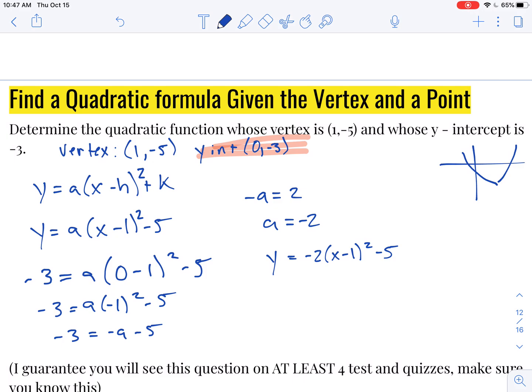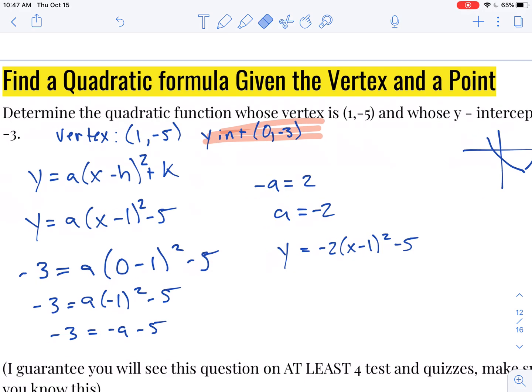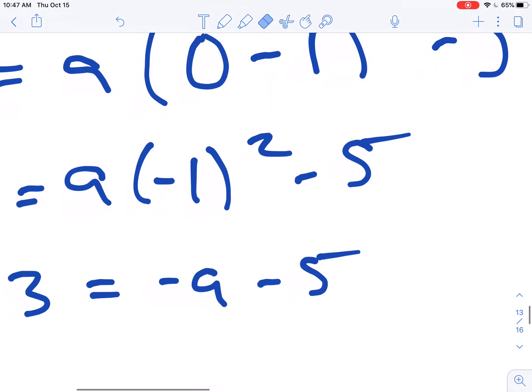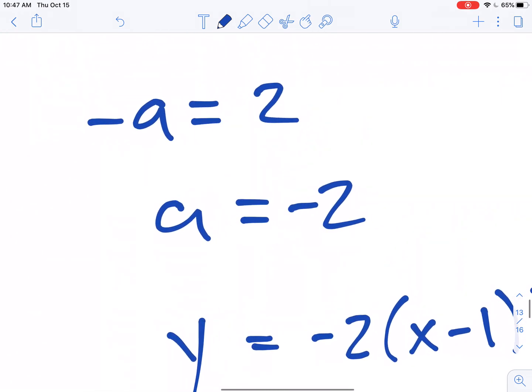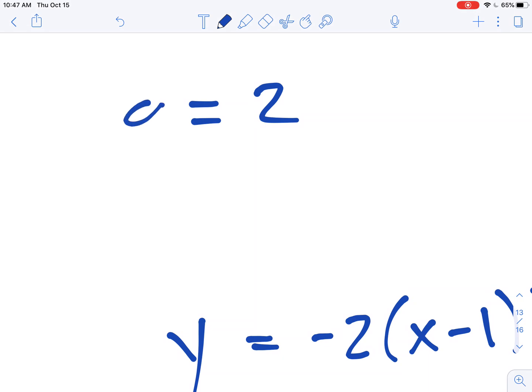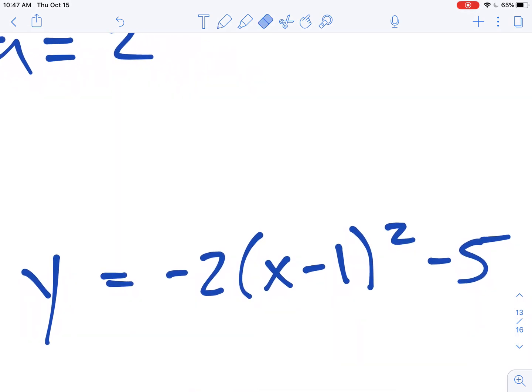I've made a mistake in my math somewhere, and I realize I made the common mistake of squaring my negative and keeping it negative. This should be positive. So positive a minus 5 is equal to -3, which means positive a is equal to +2, and this makes much more sense. So this should not be a -2, this should be a +2. You can do a quick check of your math that way too.